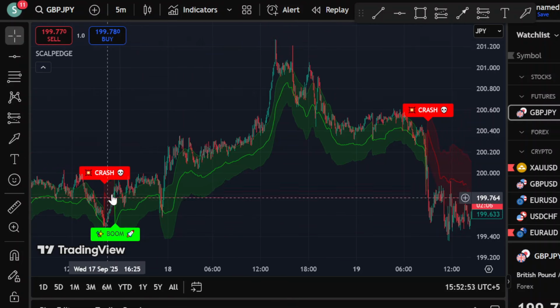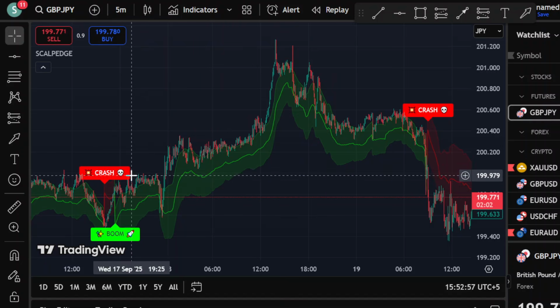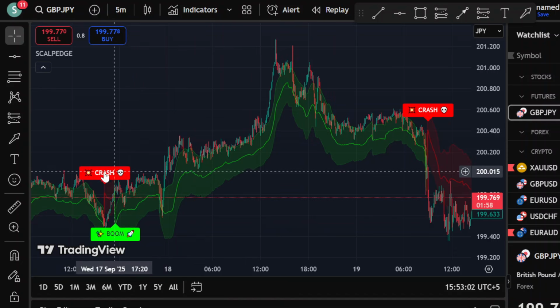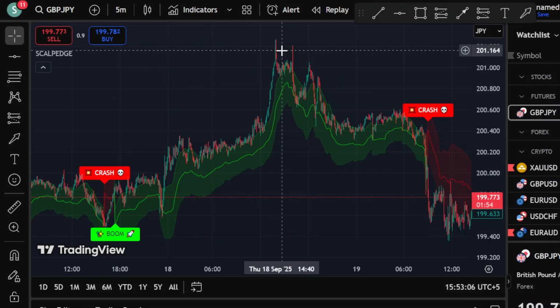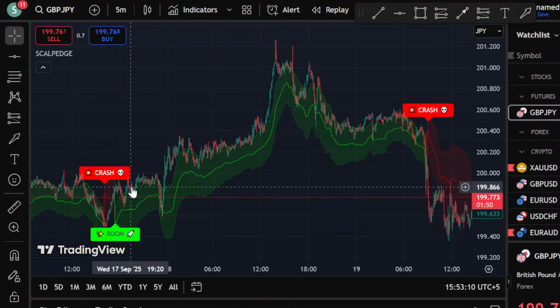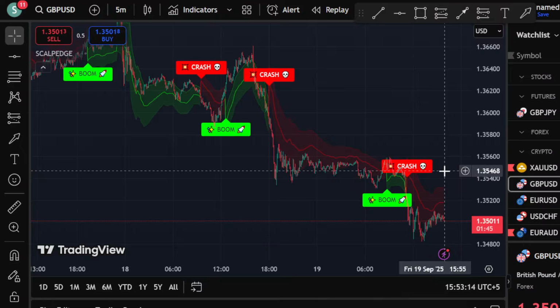This was the crash signal, but the price reversed, and if it crosses or comes near the label where the crash is printed, then you can exit your trade. But the next signal has a very good potential to go into a big ride, and you can easily cover the loss from the last two trades. That's the simple concept about this indicator.